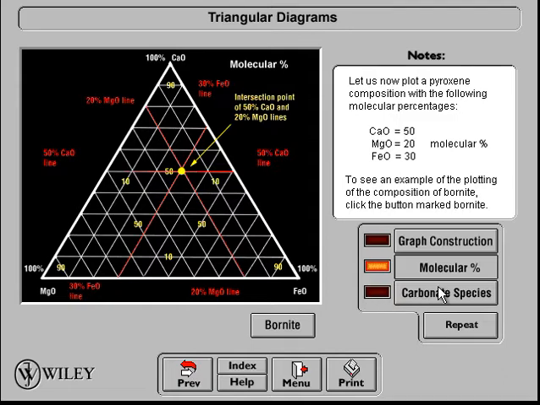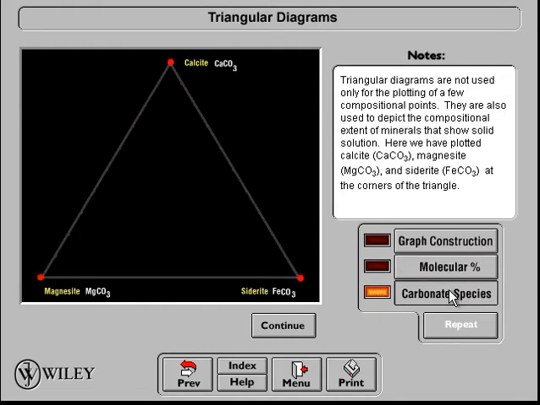Here we have one bottom left, that is the carbonate species, so we will also check this one. We are making now a triangle for the carbonate species: calcite, magnesite, siderite.